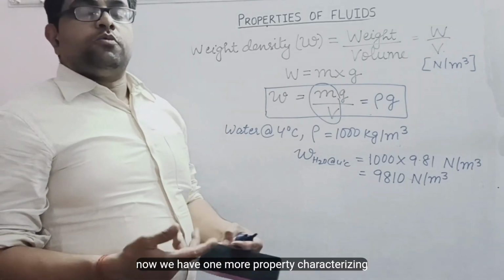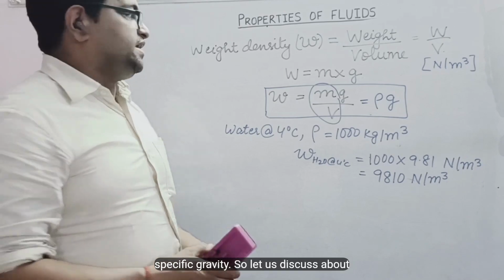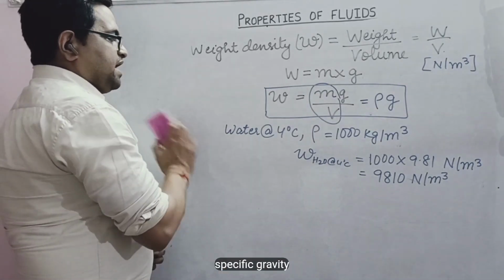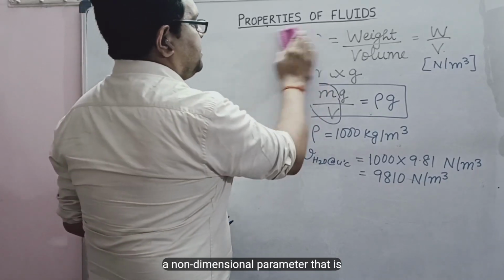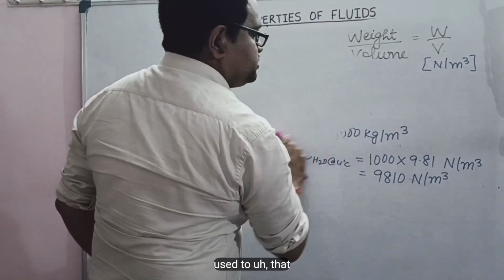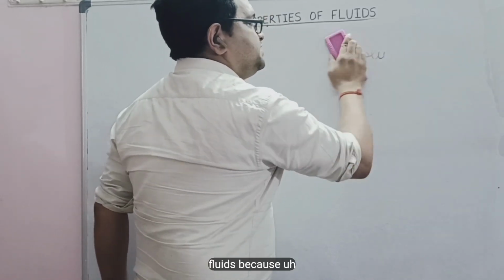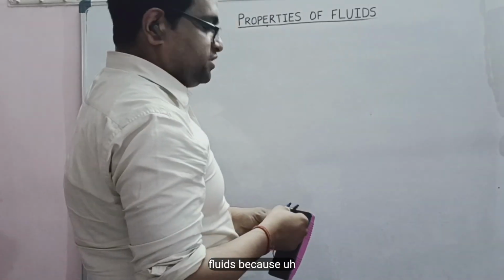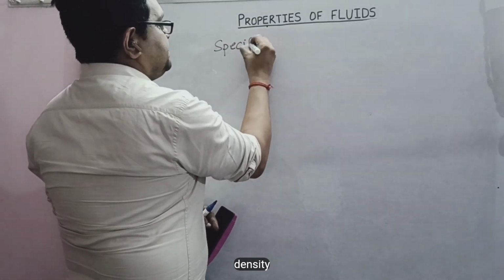Now we have one more property characterizing the heaviness of a fluid, which is known as specific gravity. So let us discuss specific gravity. Specific gravity is actually a non-dimensional parameter that is used to compare the density of fluids, because specific gravity is also known as relative density.